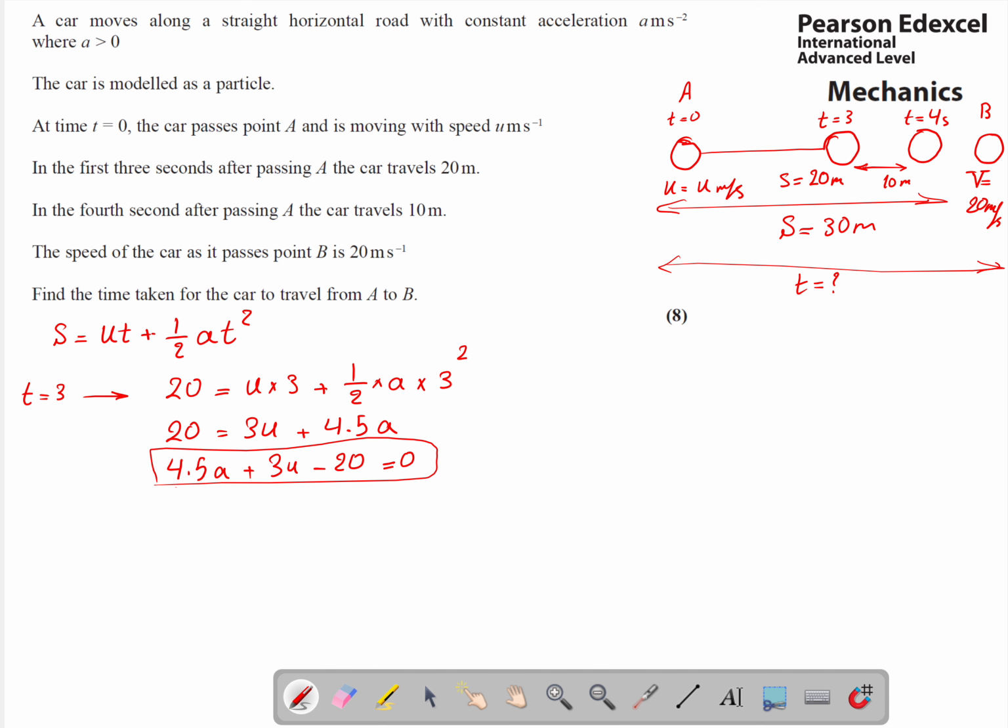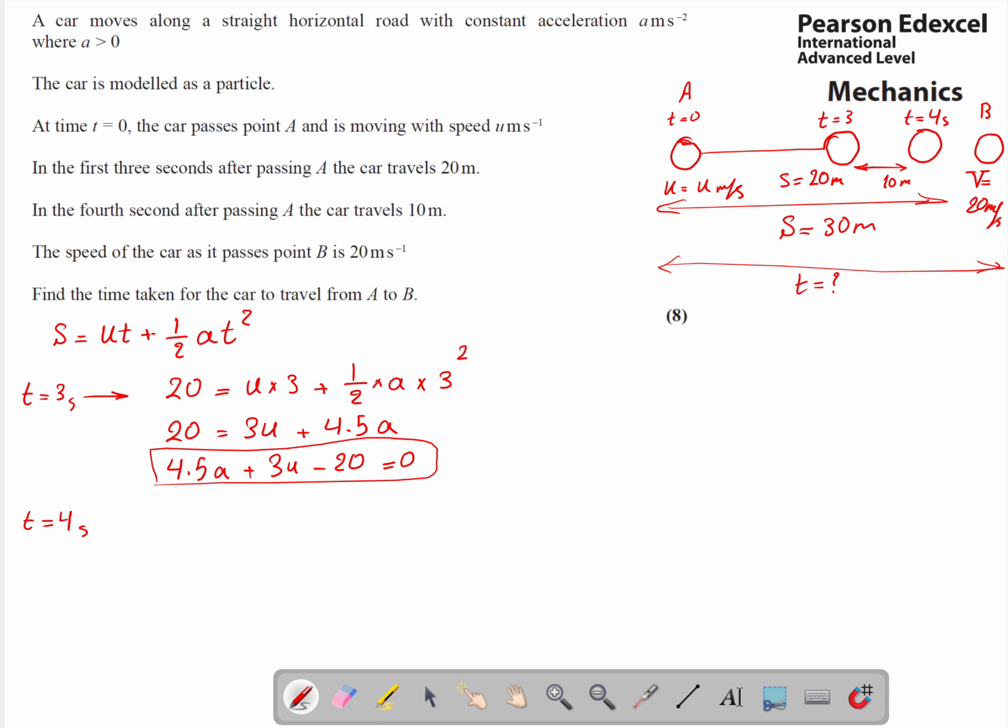The second equation we can find from the fourth second information. We have again the same initial velocity, the same acceleration, and the displacement of 30 meters. So again the same formula for time equals 4 seconds.